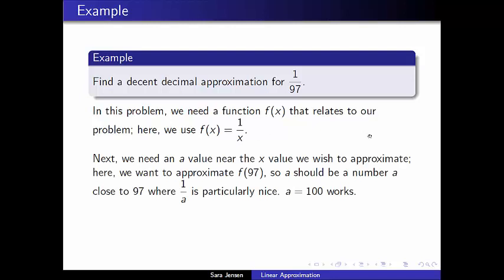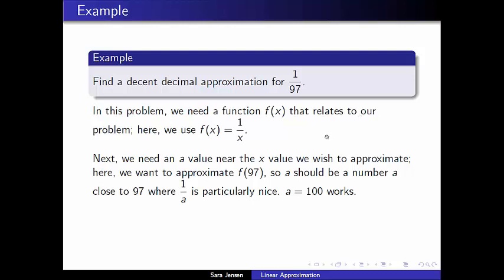Next, we need a tangent line to the curve y is equal to f of x at some specific a value. And ideally, we want that a value to be near the x value that we want to approximate.